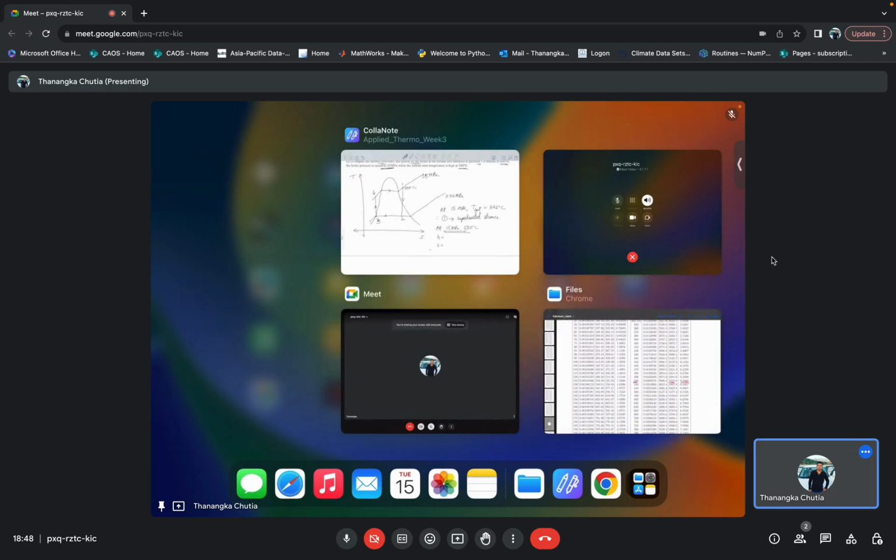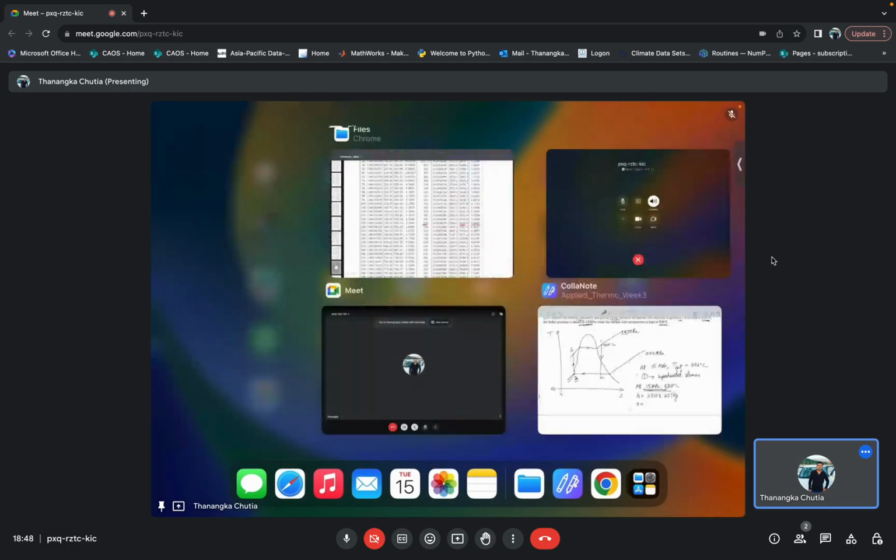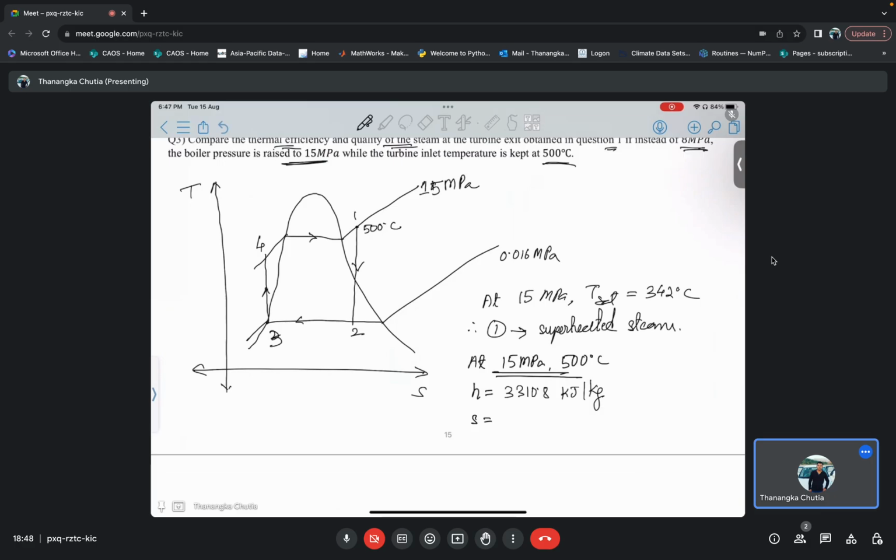My H is 3310.8 kilojoule per kg, and my S is 6.3480 kilojoule per kg Kelvin, okay.